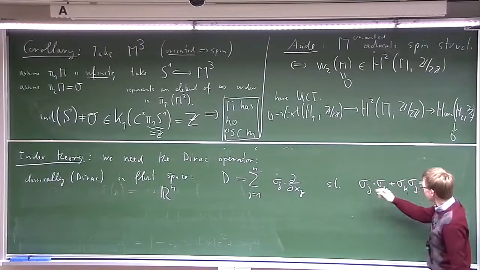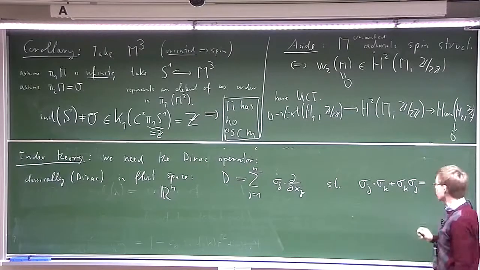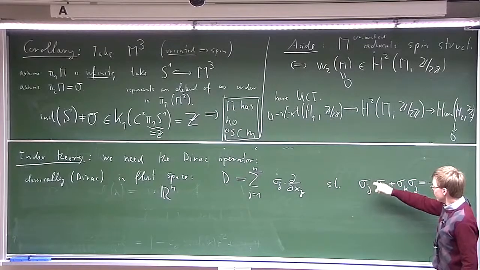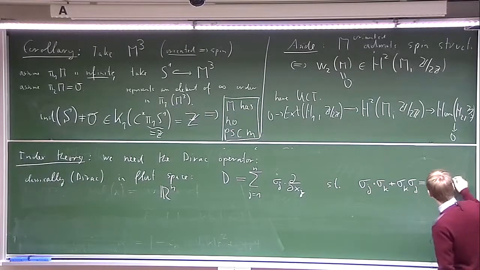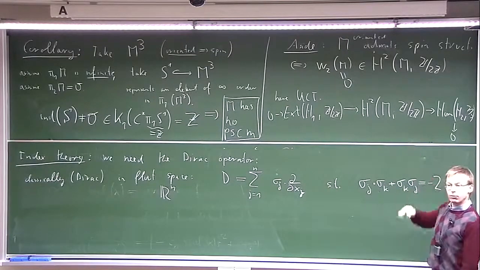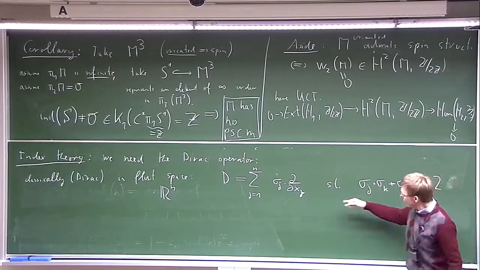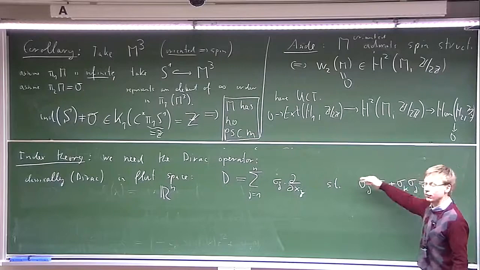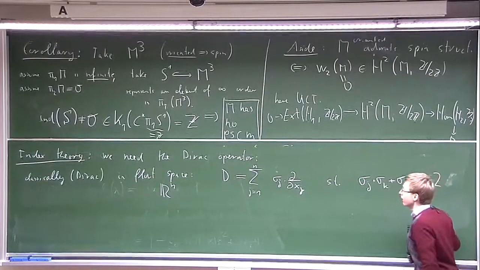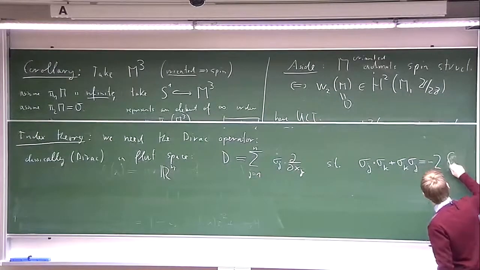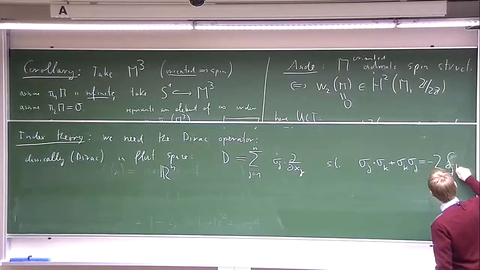namely, if we have two different indices, they anti-commute, the sum is 0, and if the indices are the same, the sigma i squared should be minus the identity. So we have minus 2 times the identity, I guess, acting on the vectors of the appropriate dimension. And you have to make sure that the dimension is big enough to find these matrices. Right? You need a representation of the Clifford algebra such that this is satisfied. Yeah, very good.